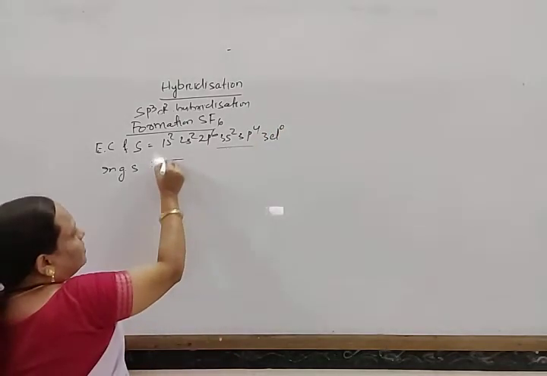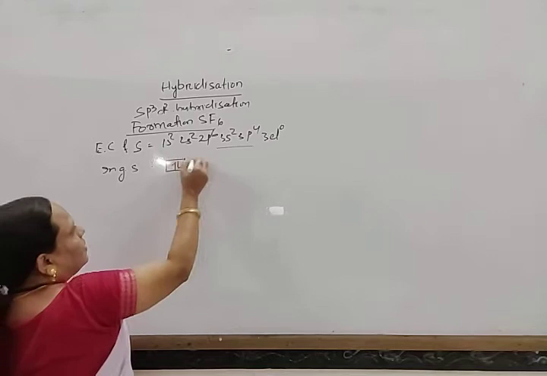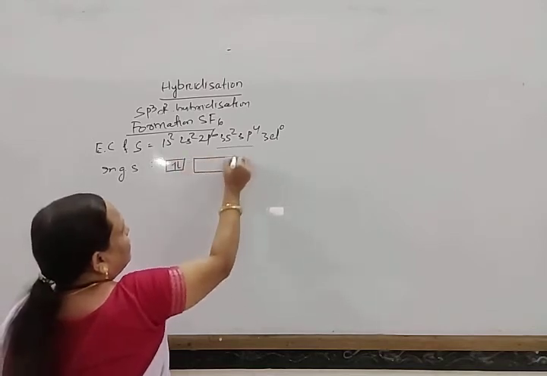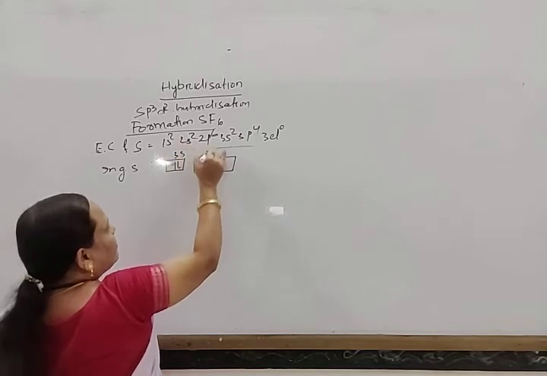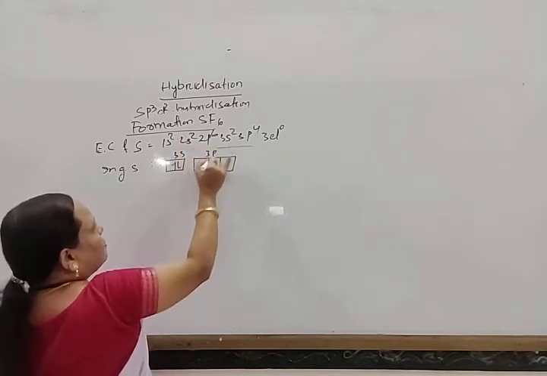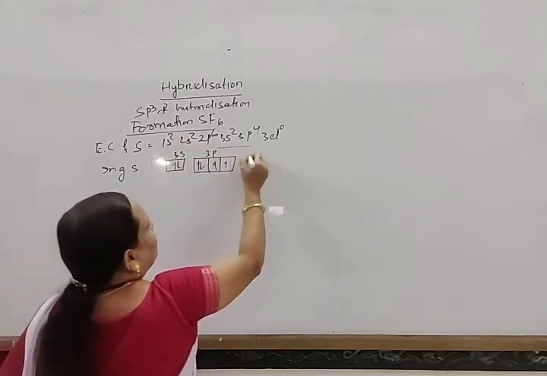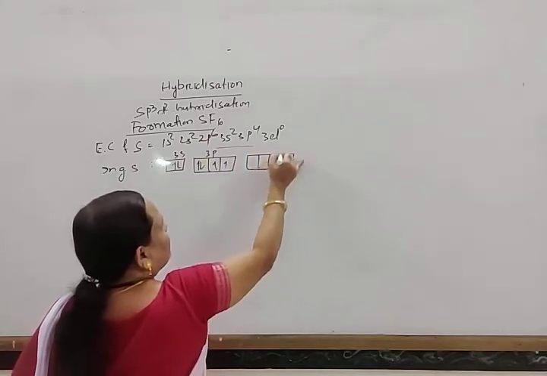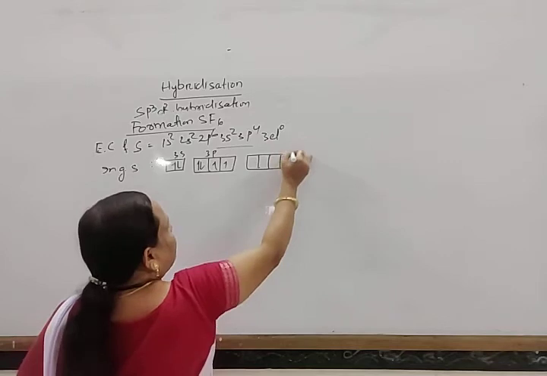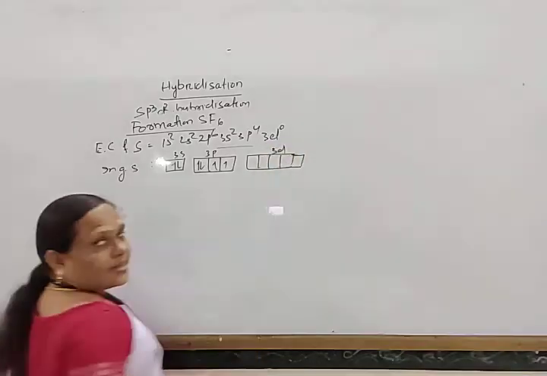So in the ground state, 3s has 2 electrons and 3p has 4 electrons, and 3d remains vacant.